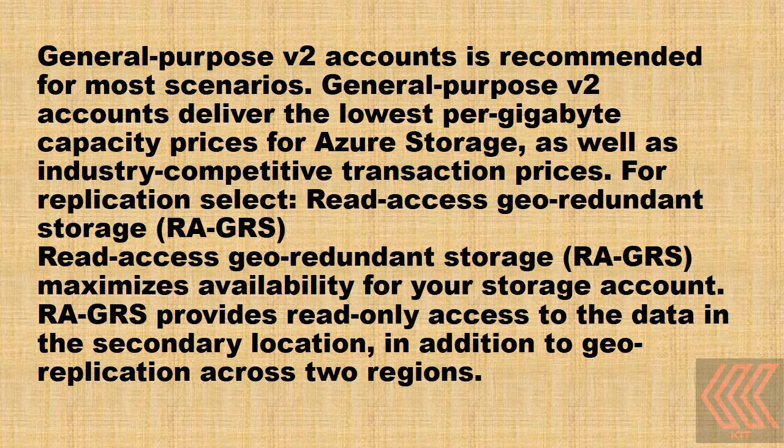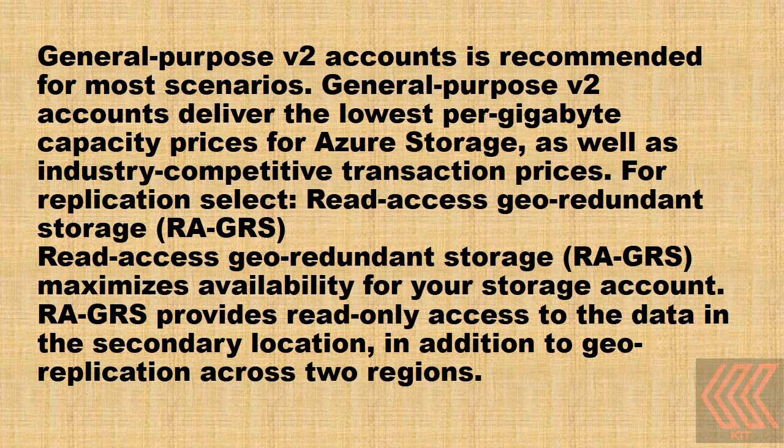For replication, you need to select Read Access Geo-Redundant Storage, RAGRS. Read Access Geo-Redundant Storage maximizes availability for your storage account, and provides read-only access to the data in the secondary location, in addition to geo-replication across two regions.